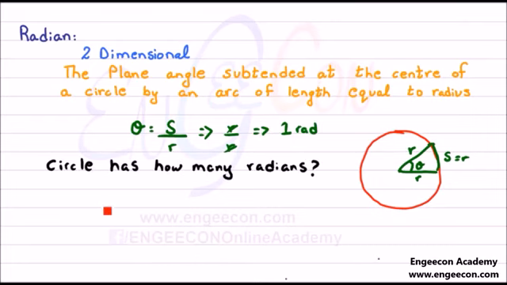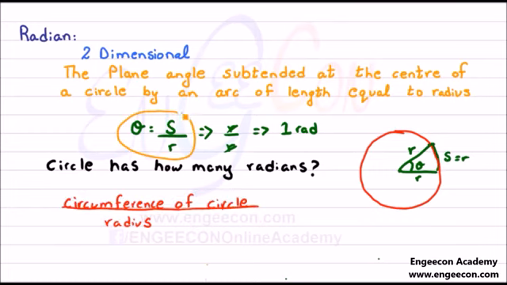Now the question arises: how many radians does the circle have? We will use the same concept here. The length of the arc is equal to the circumference of the circle. We know that the circumference of the circle is 2 pi r, divided by r. This r will cancel out and we are left with 2 pi.